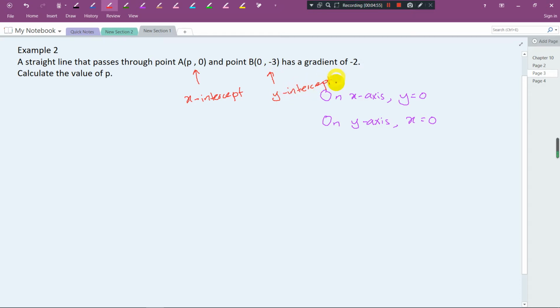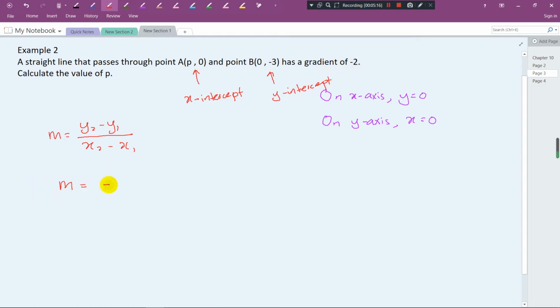Okay, now we can use those two formulae to help us get p. Let me use this formula first: y2 minus y1 over x2 minus x1. The question tells us that the gradient is -2.